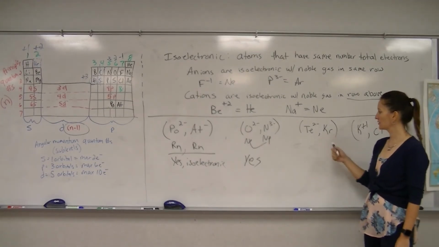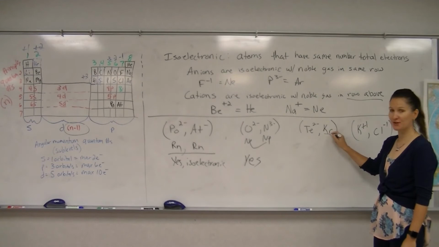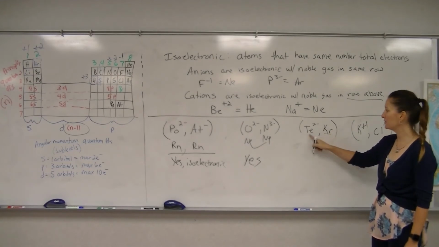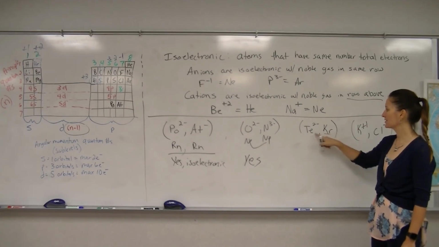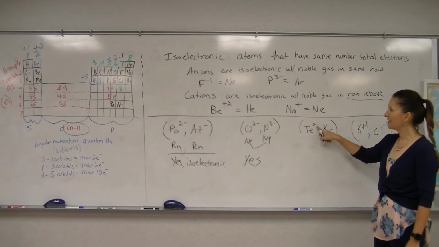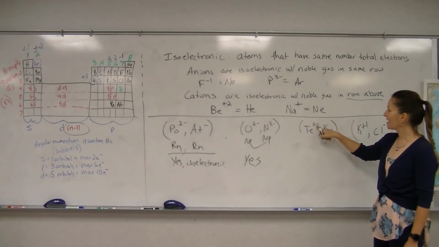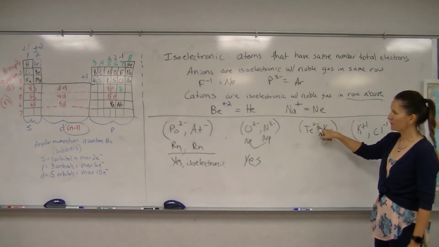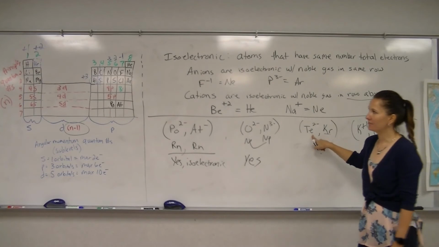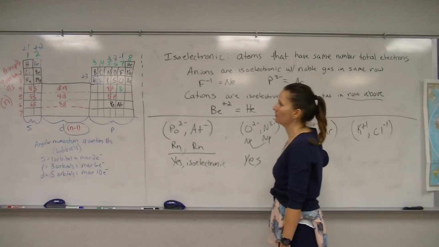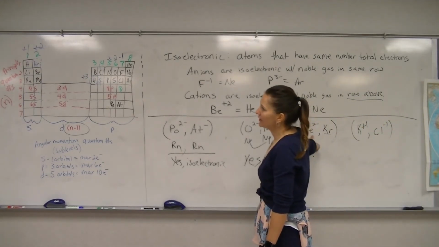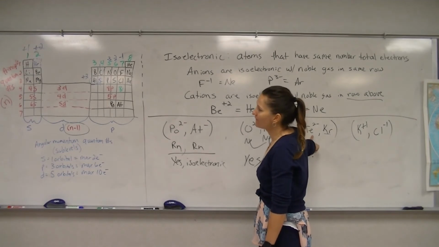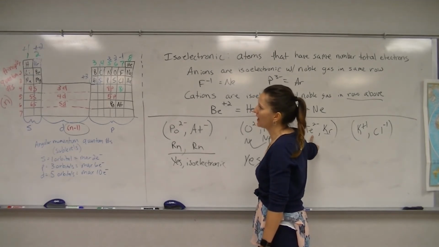This one is going to be a little easier because one of them is a noble gas itself. So all we have to do is check to see if this anion is isoelectronic with its noble gas. It's an anion, negatively charged, so we're looking at the noble gas in the same row. So where is Te? When I look at my periodic table, Te is in period 5.